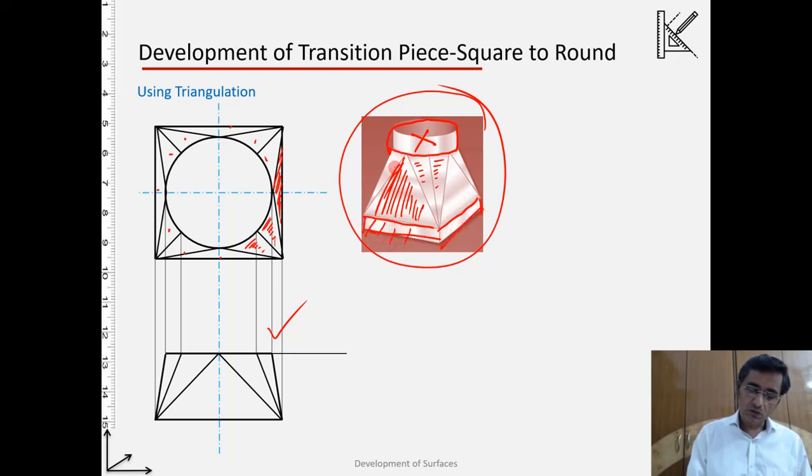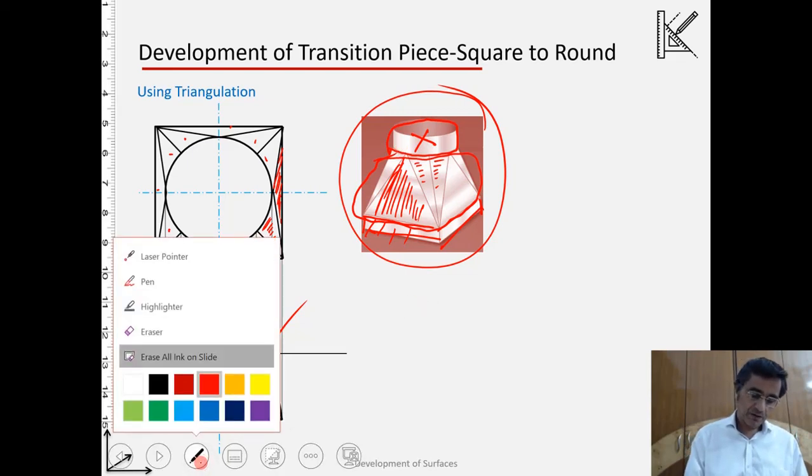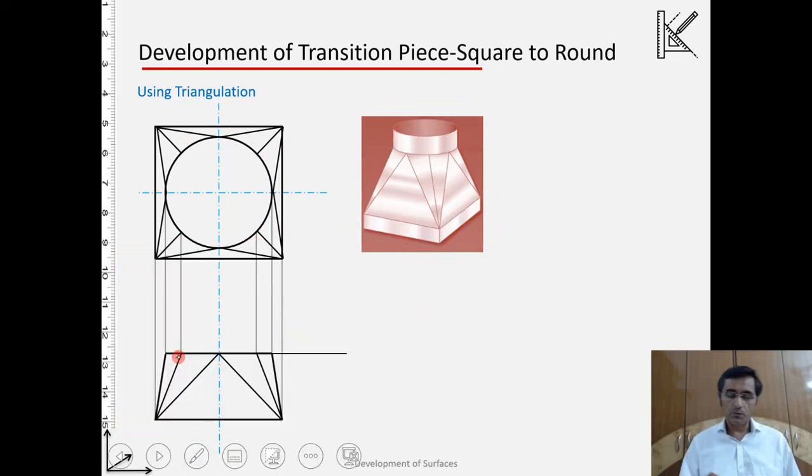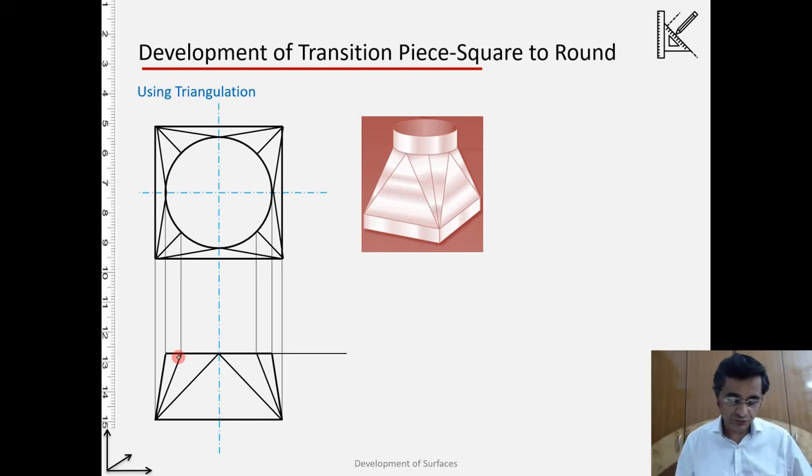So I have only the middle one, which is actually the transition piece. Alright, so if we have decided to make it this way, I can create the corresponding horizontal projection and also the frontal projection. Now to develop this, you can visualize what the development will be.